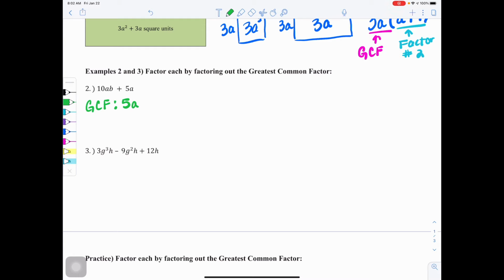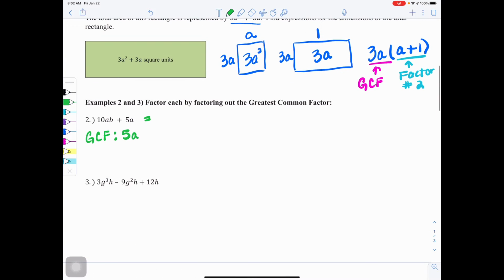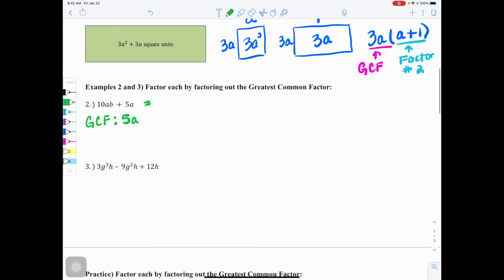Now, when I go to start to factor this, remember it's going to look like the distributive property when we're done. If you go back up and look at our example, I like to think of factoring using the GCF as undoing the distributive property. So when you find your GCF, that is what we're going to write outside the parentheses.